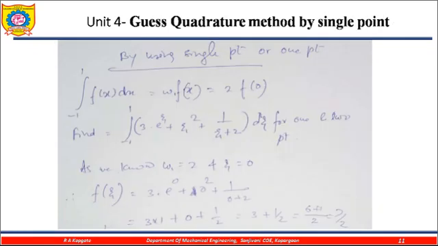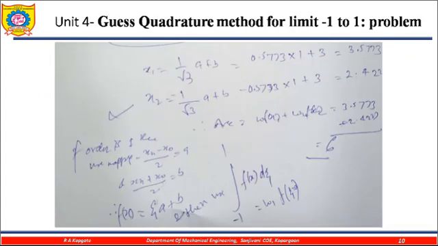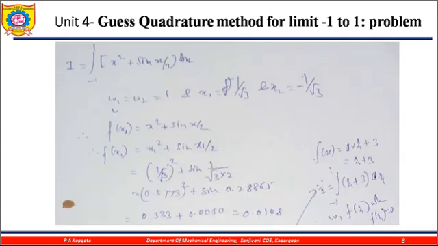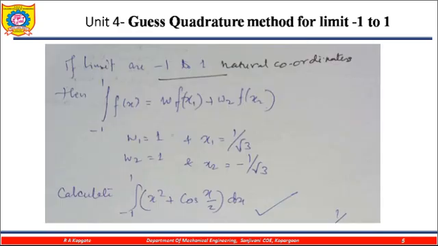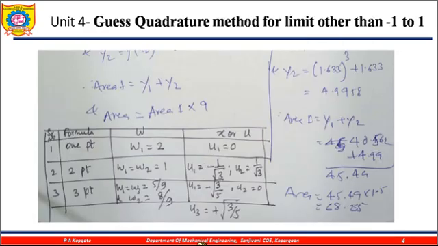Now let us move on to using the single point or the one point formula. If the function is given in terms of the one point formula, then it is w1 into f1. So w1 is equal to 2. If this is the one point formula, w1 is equal to 2.